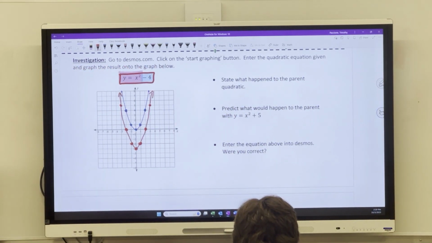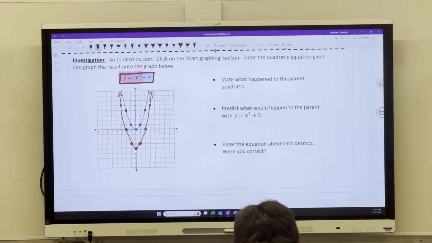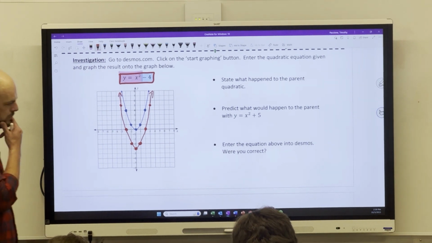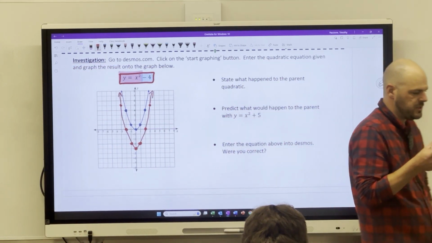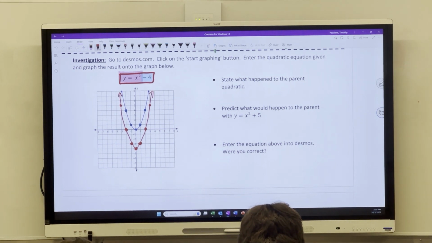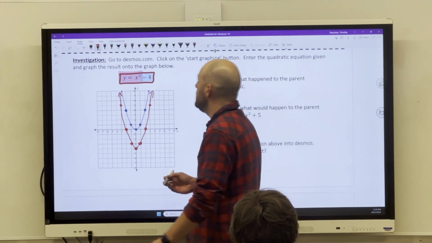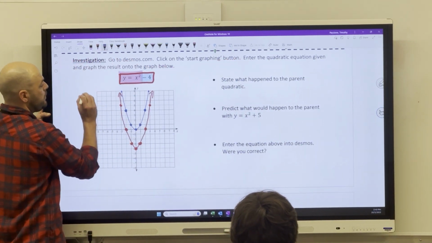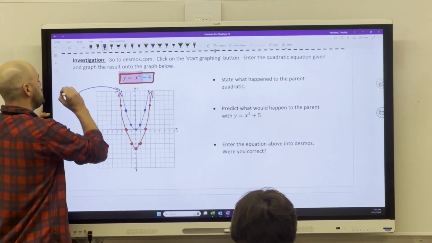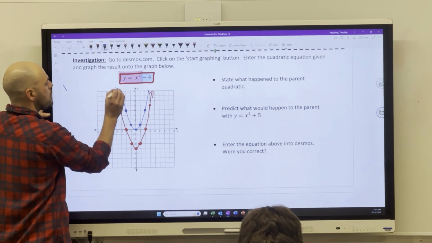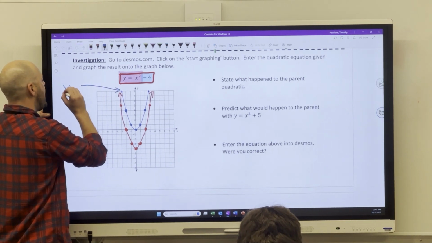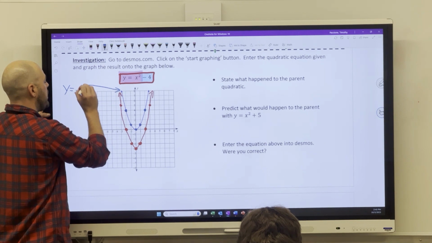So you're answering those questions, right? The last one, don't worry about. That was when I was gonna have you use Desmos, but I'm just gonna demonstrate it for you instead, okay? Now remember, this blue function right here, that's our parent function. That's y equals x squared, right?